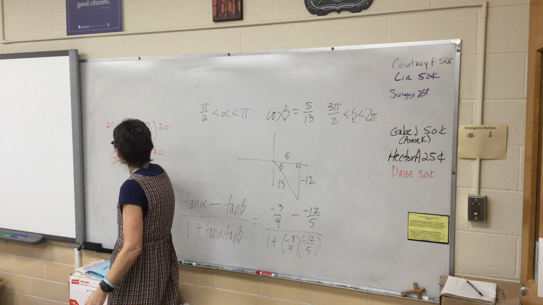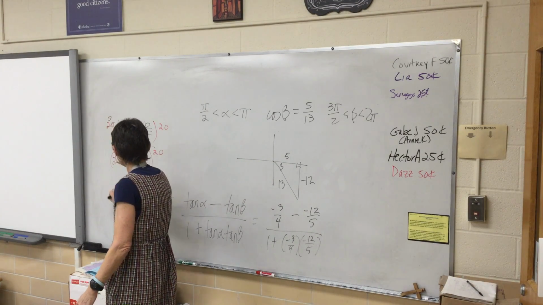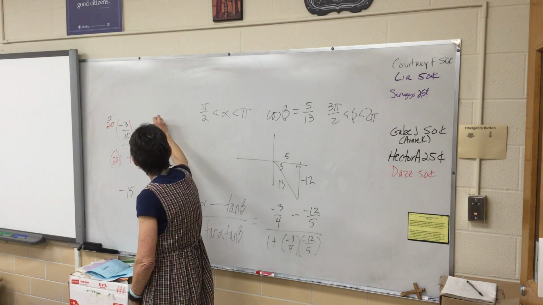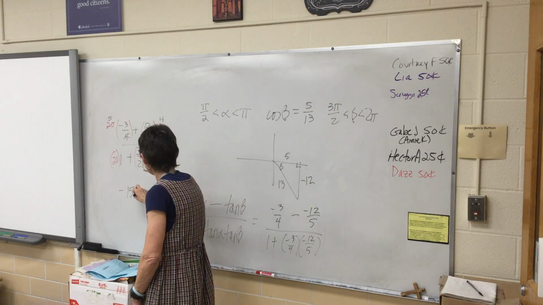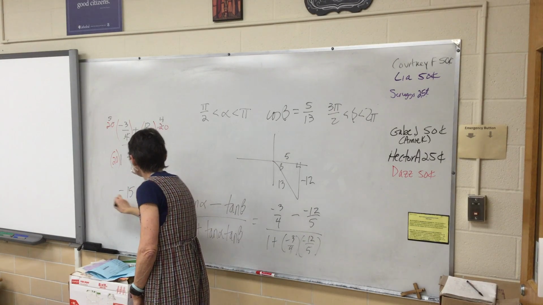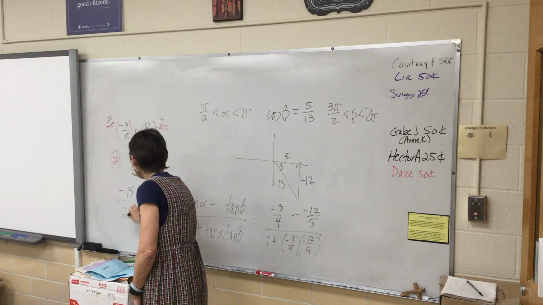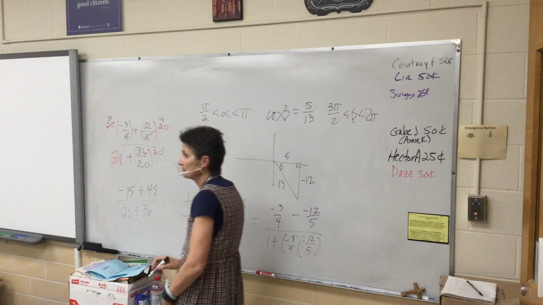The 4 will cancel out and leave me with a -15. The 5 will cancel and leave me with a 48. 20's 20. The 20's cancel and leave me with 36.